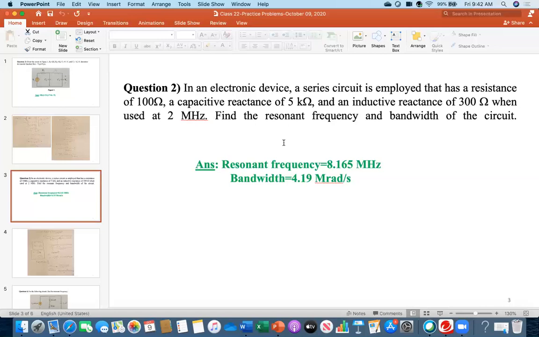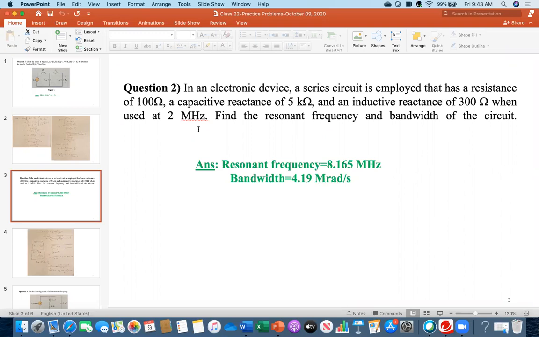As a full hint, see how you can relate the frequency with the capacitive reactance of 5 kilo ohm. Similarly, how the frequency is related to the inductive reactance of 300 ohm. The inductive reactance value is given, so by using frequency and 300 ohm, can you find the value of L? Similarly, by using capacitive reactance 5 kilo ohm and 2 megahertz, can you find the capacitance C value?